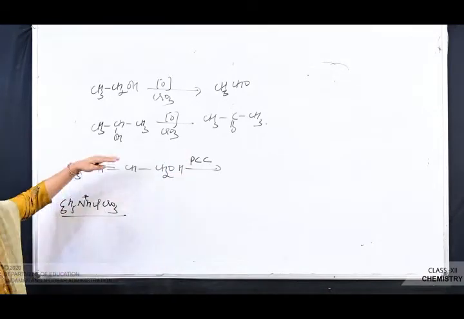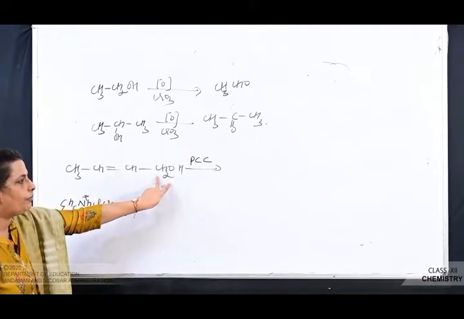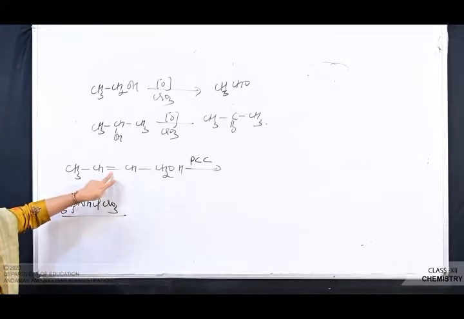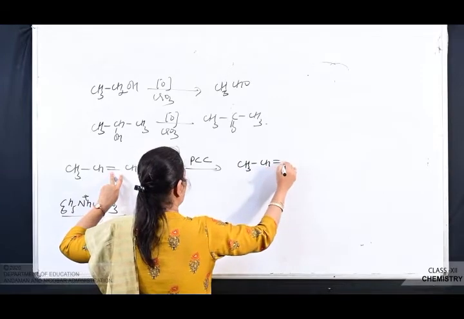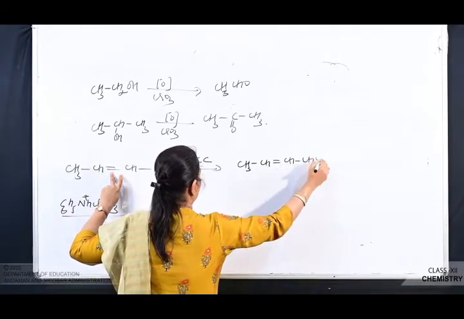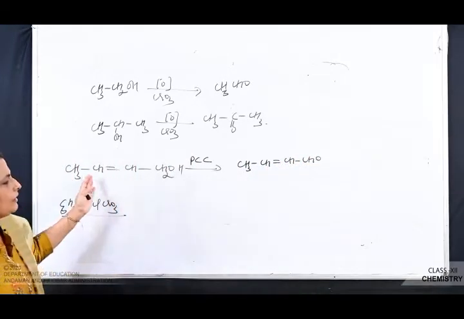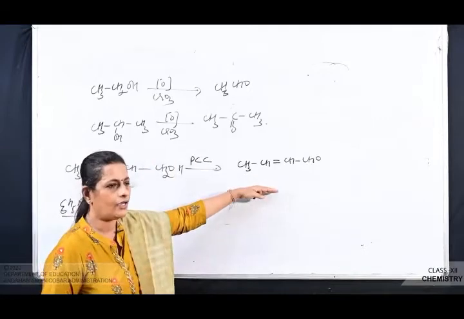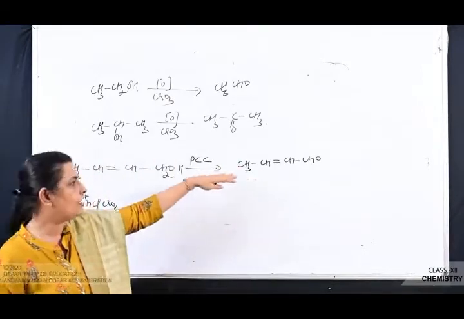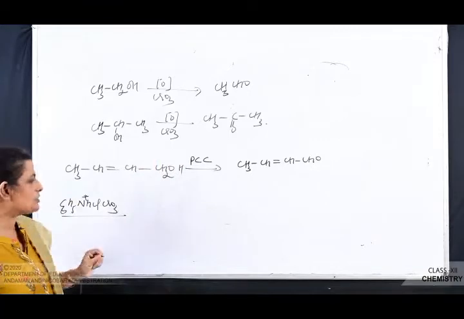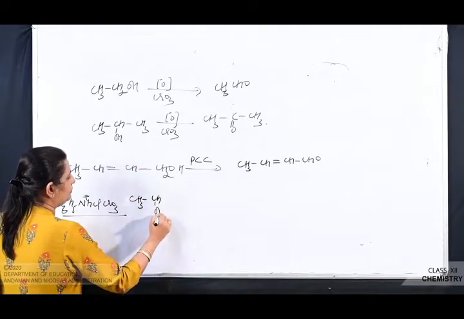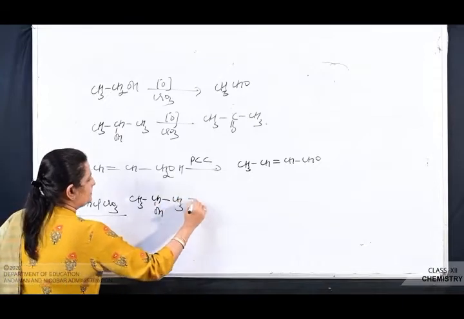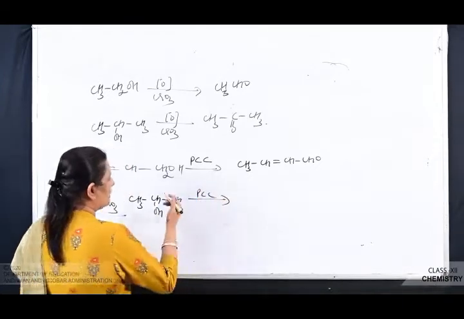This will oxidize only the alcohol part. It will not affect the double bond. So what are you going to get? CH3, CH, double bond, CH, CHO. That is, unsaturated alcohols are converted into unsaturated aldehydes by using PCC. In the same way, secondary alcohols also can be converted to ketones by using pyridinium chlorochromate.